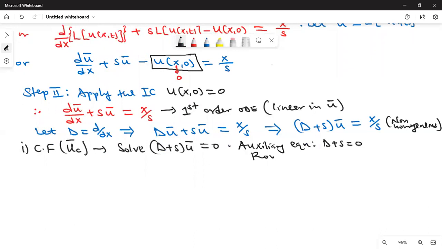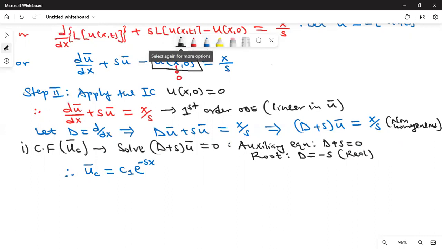So we only have one root, D is equal to negative s. This is a real root. So therefore, our u bar c is equal to a constant, call it c1, times exponential negative s x, where c1 is an arbitrary constant.